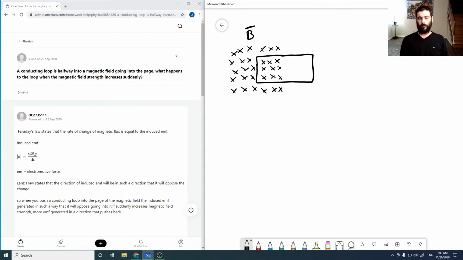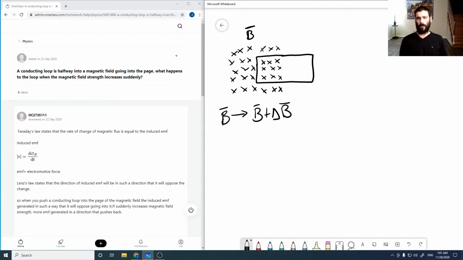Now the rule here is that the end result of us changing our B value to some B plus delta B is going to be a current in the wire, and the current is going to be set up in the wire such that it opposes the change.